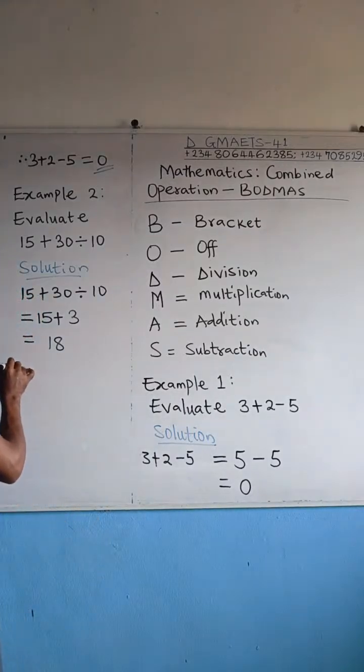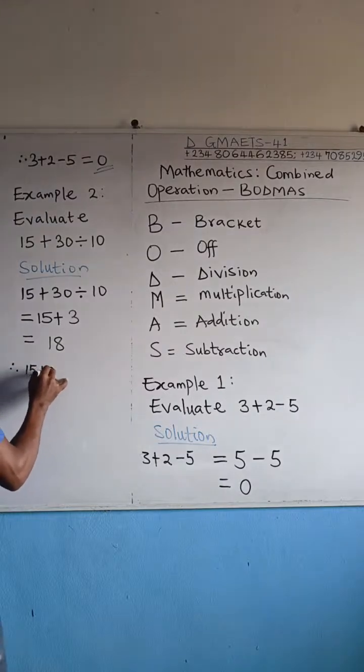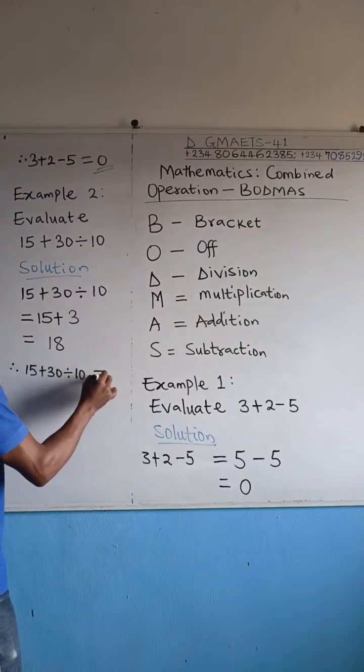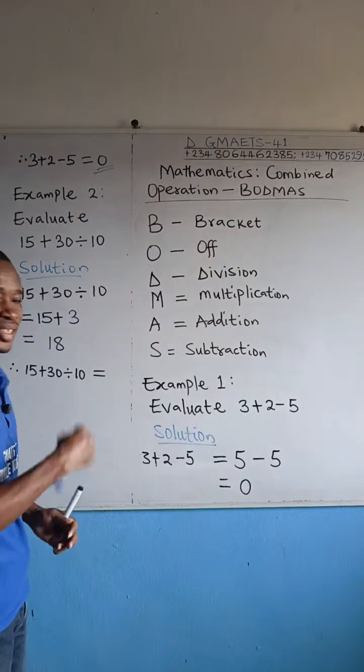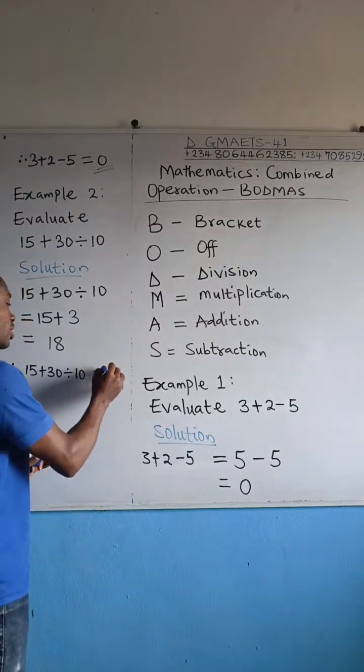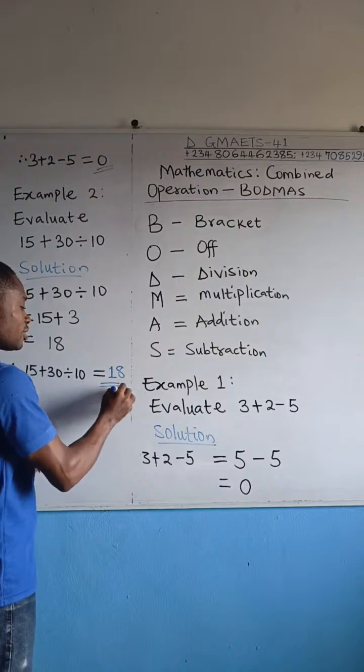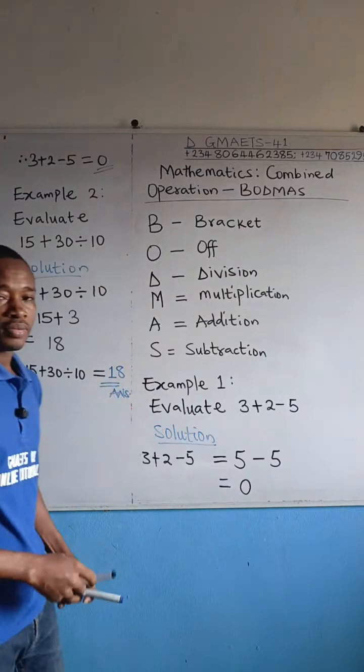We can now conclude, therefore, that 15 plus 30 divided by 10 is equal to 18. That is your answer. Take note.